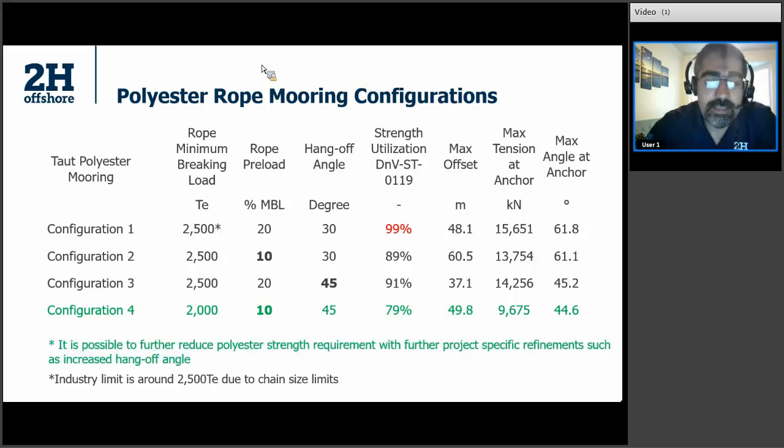Please keep in mind this is not overly optimized yet, because some project requirements may not be as stringent, and might allow more than a 45 degree hang-off angle, for example. And with further refinement, we believe we can reduce the polyester strength requirement to maybe 1,500 or 1,750 ton levels.